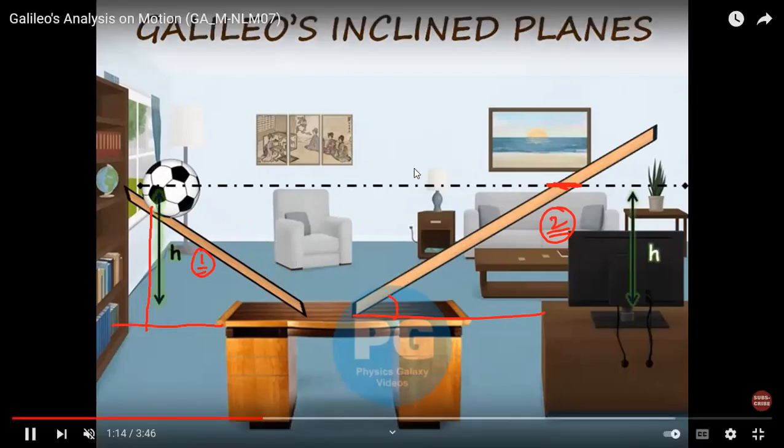Next, in both cases is the height the same or not? No, sir, it's not the same. Just check it here. They have drawn a black line. Is the black line varying or is it a straight line?